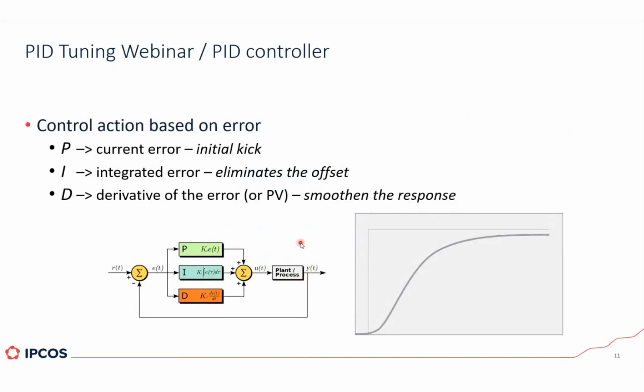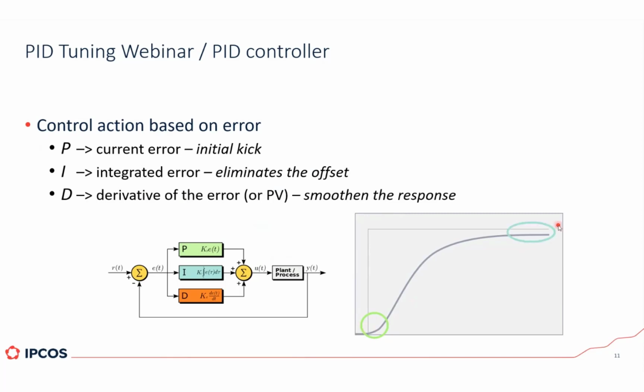And when we talk about the PID controller, there's a clear association between the responses of each term here on the controller response. Let's say we can see here a set point change on the closed loop, and this first kick here will be given by the proportional action, right? Which will be based on the current error, or the difference between set point and PV.